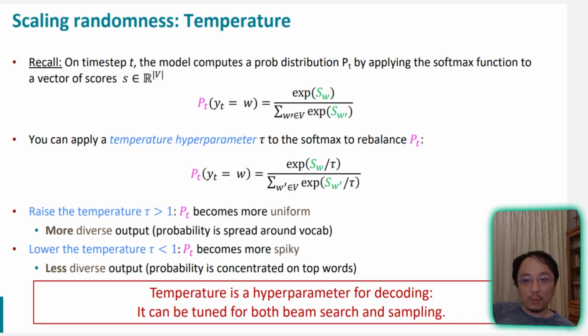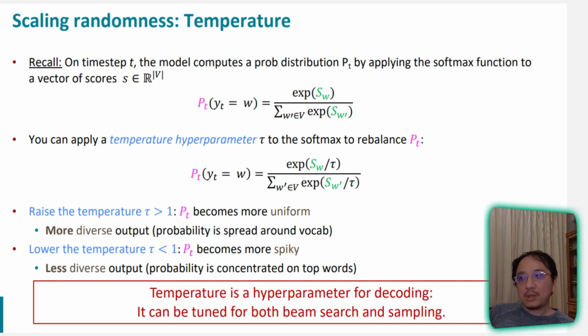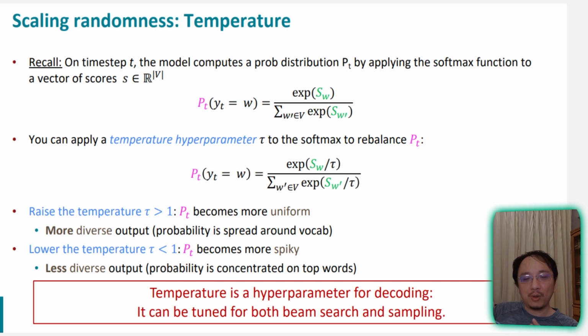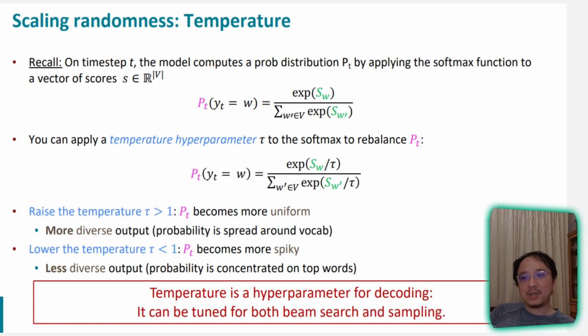However, we can adjust the temperature to manipulate the probability, so that either the words with high probability become more likely to be chosen, or we make the distribution more uniform, so that words with low probability have an increased chance of being chosen.